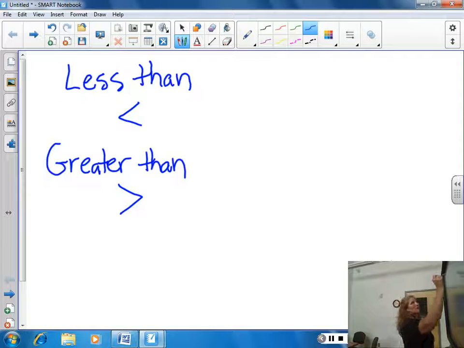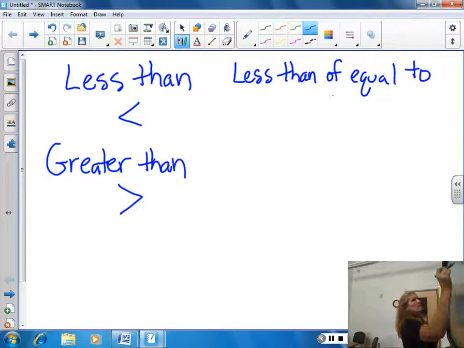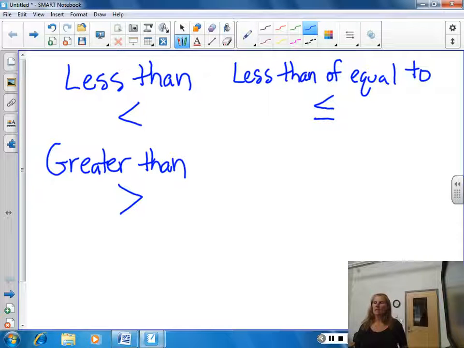Also, we talk about less than or equal to. And that looks like a less than symbol with an equal to part there. I don't know if you're bowlers, but if you know anything about bowling, the best score you can get in bowling is 300. If you throw a strike, which means you knock down all 10 pins first try, if you throw all strikes the whole game, you get 300.